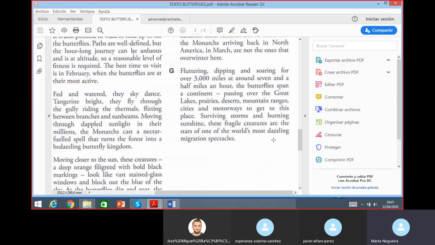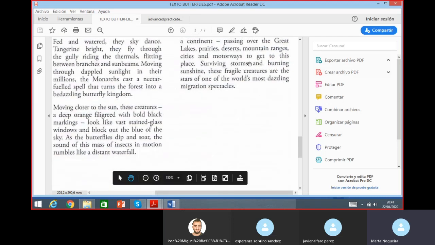These fragile creatures are the stars of one of the world's most dazzling migration spectacles. Dazzling es deslumbrante, como bedazzling. Os he dicho que había, ¿veis?